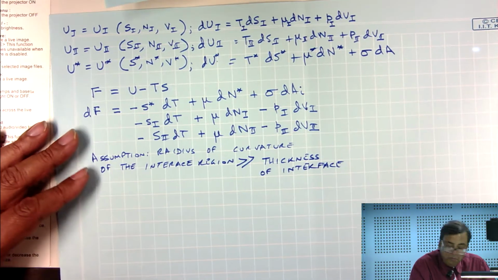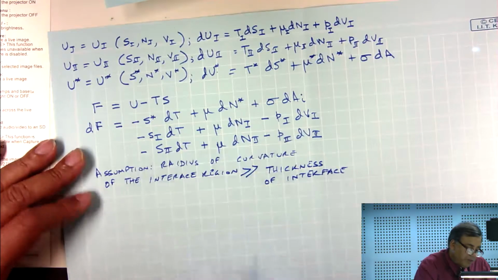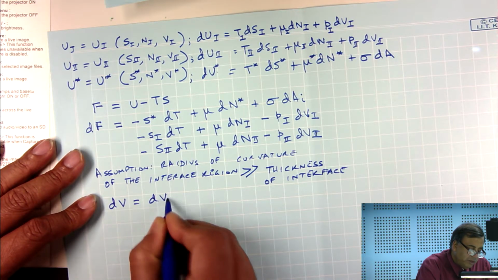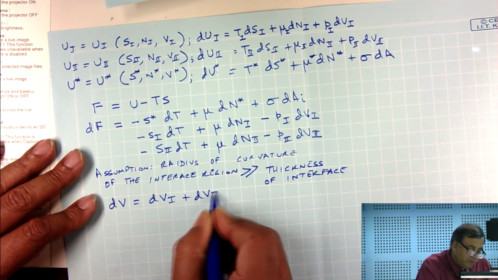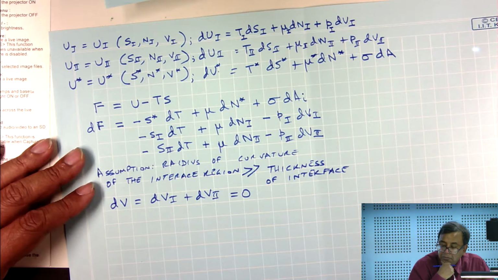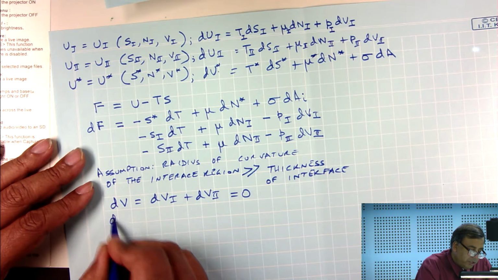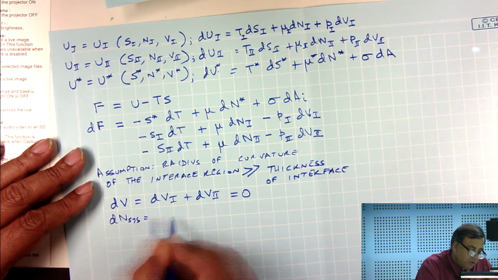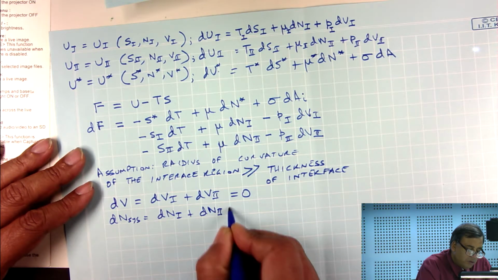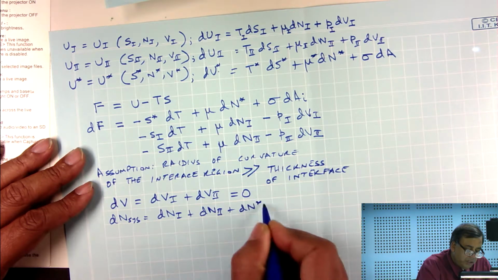Now, since the volume of the system is constant, your dV is equal to dV1 plus dV2, and that should be equal to 0. Similarly, your dN system is equal to dN1 plus dN2 plus dN star, and that should be equal to 0.